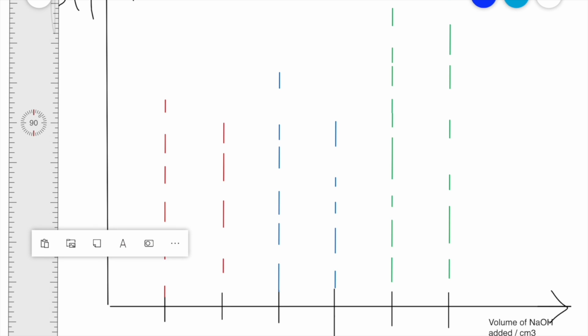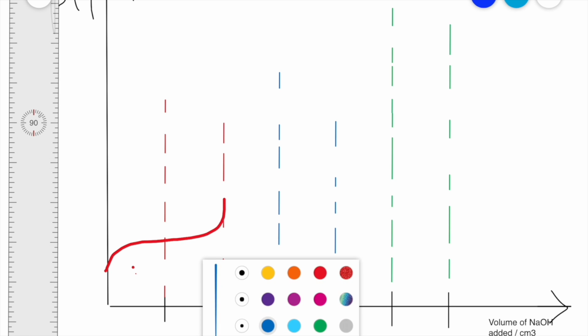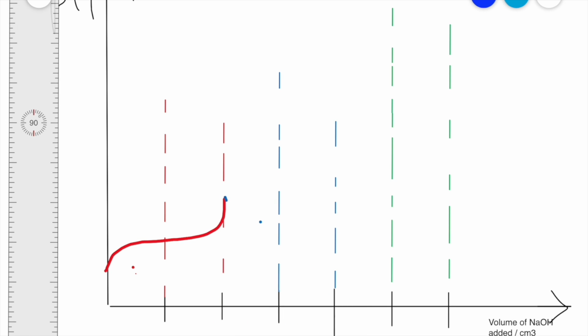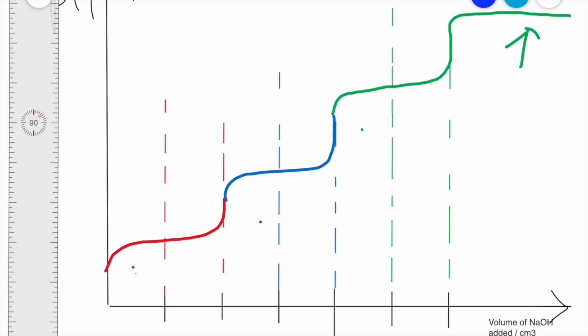I will start slightly high, shoot up, then repeat the process for that, shoot up, and repeat the process for that, gently sloping, shoot up, and then flatten out, because as you add more moles of sodium hydroxide, you're adding more dm cube of water as well, so the concentration overall remains constant.